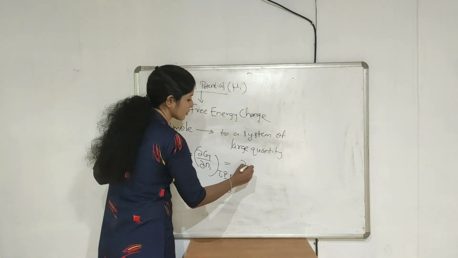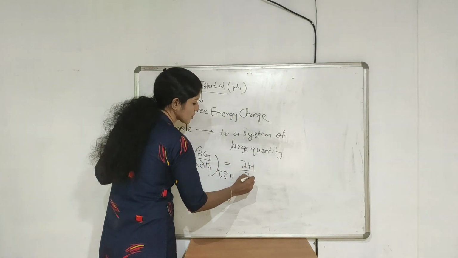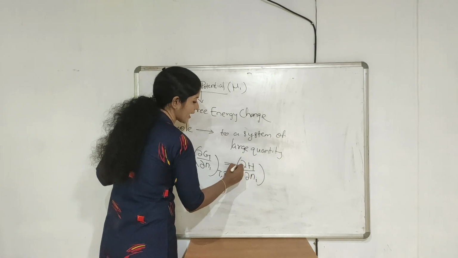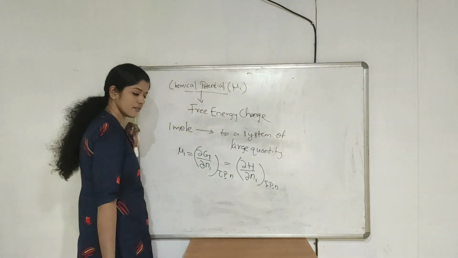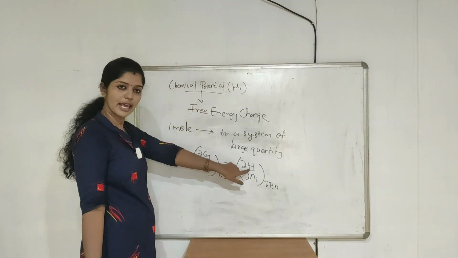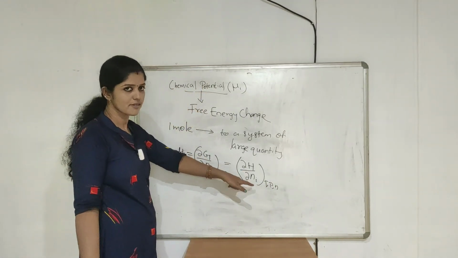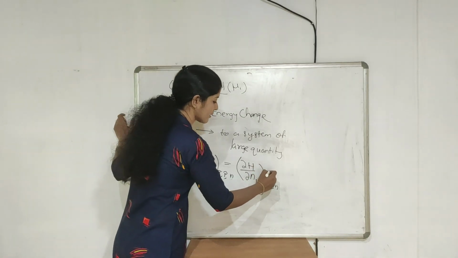That is equal to dou H by dou Ni at constant T, p and N. What is H? This is enthalpy, and Ni is the same number of moles added.